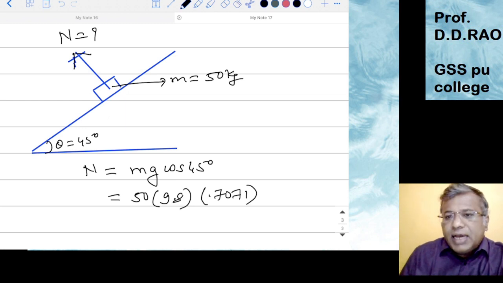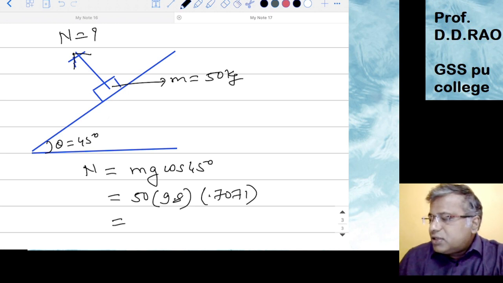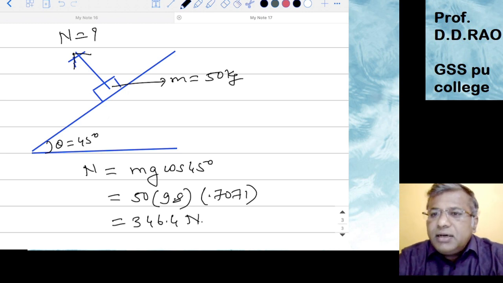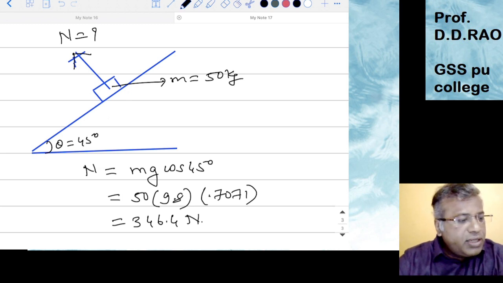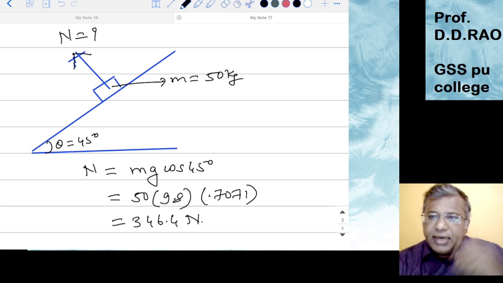When you calculate this, 50 into 9.8 into 0.7071, that value comes out to be 346.4 something Newton. So this will be the normal reaction when the object is in an inclined plane at an angle of 45 degrees.